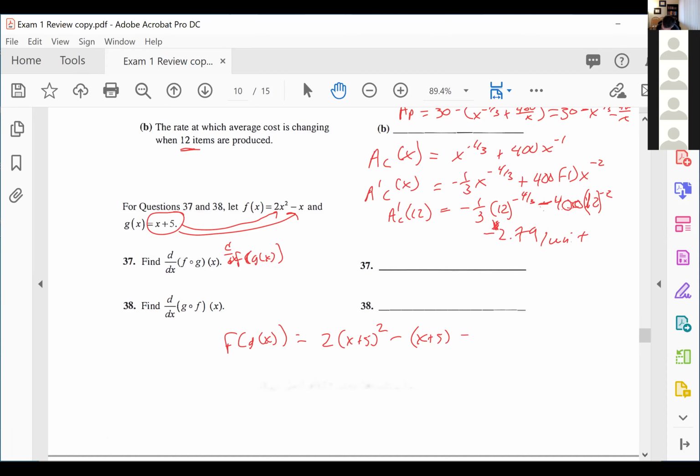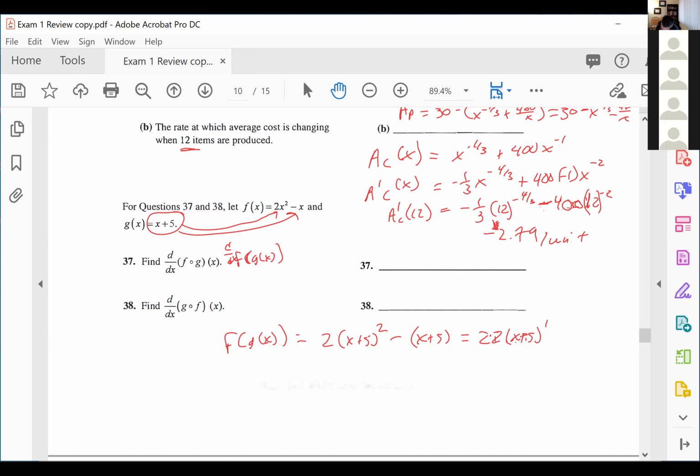This is going to be 2 times 2x plus 5. That's what it is. 2 times 2 times x plus 5 to the first power times the derivative of x plus 5. The derivative of x plus 5 is just 1. Minus the derivative of x, which is 1, plus 5, which is 0. So this is minus 1.